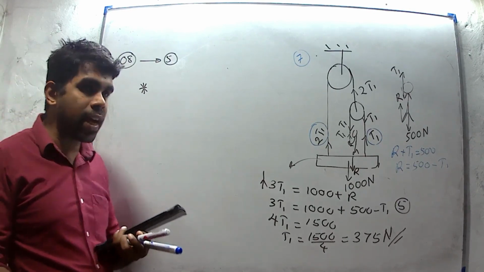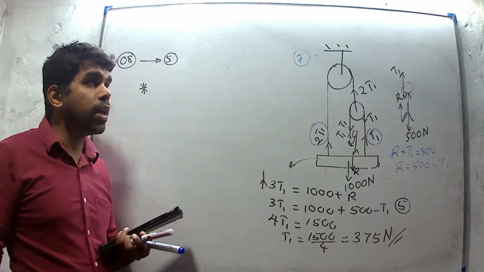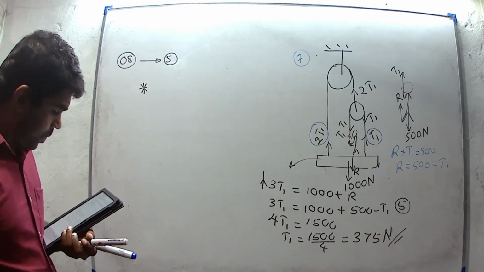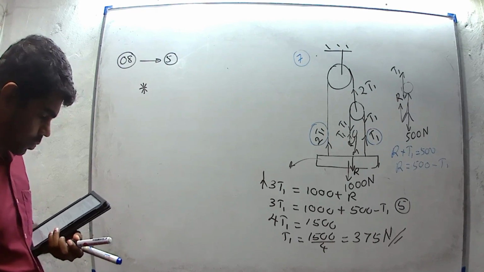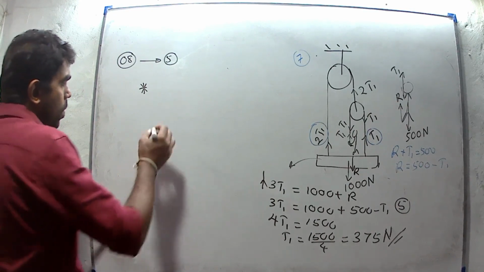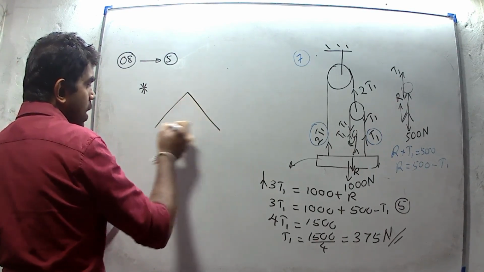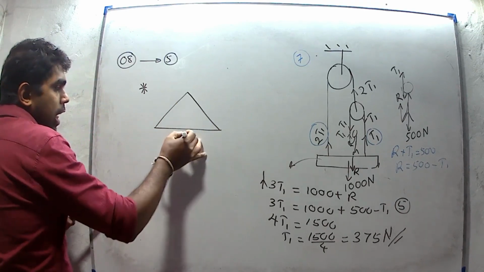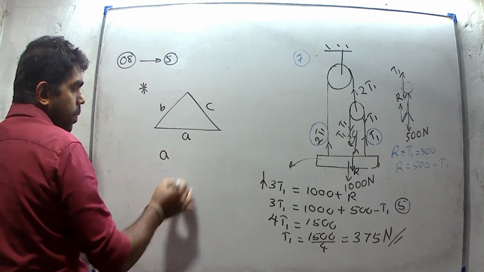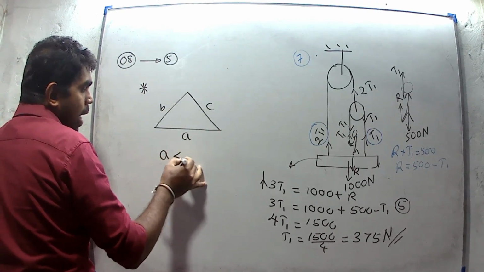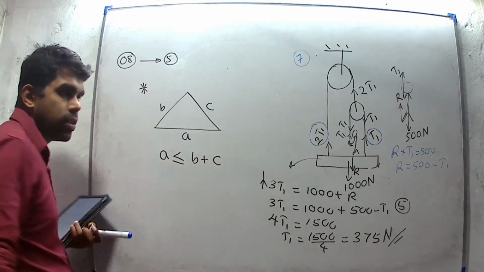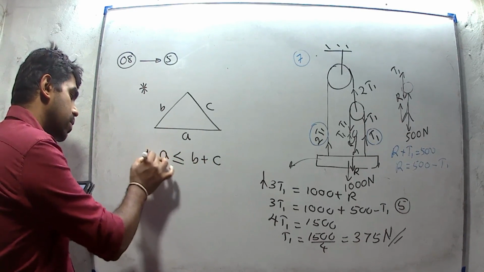When considering a triangle, if we can't represent given forces by using a triangle, then the resultant is not 0. To represent the given values by using a triangle, the large side should be less than or equal to the sum of other two sides, which is the requirement.